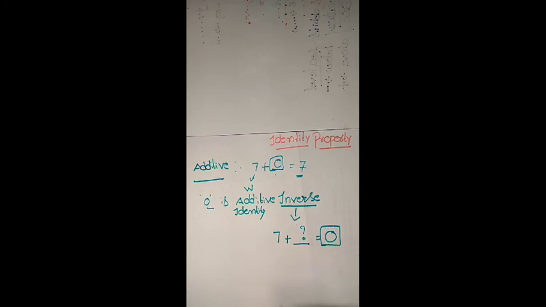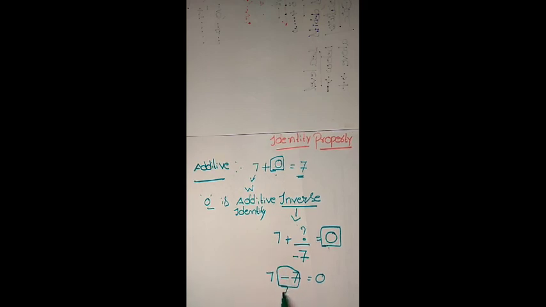Suppose we have 7, and which number if you add to 7 gives the result 0? Obviously the same number with a negative sign, that means minus 7. If we add 7 and minus 7, it gives the result 0. So minus 7 is the additive inverse of the number 7.